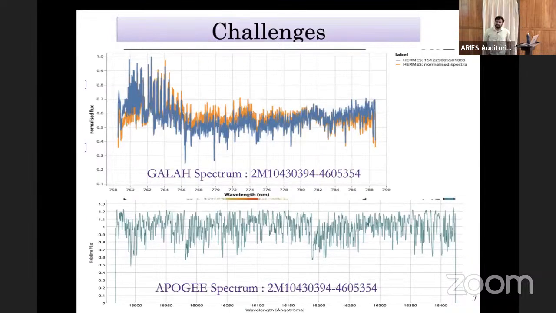So here you see in one case it is very much below the continuum level, right? And in the other case it is above the continuum level, even shifted, right?